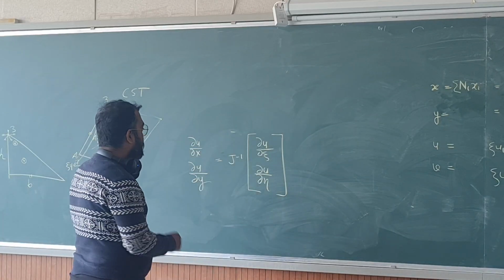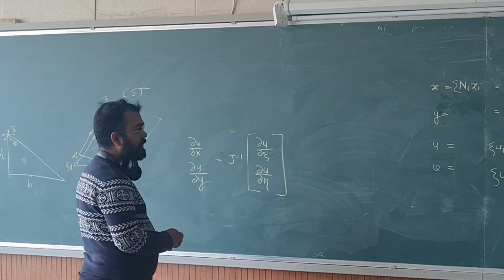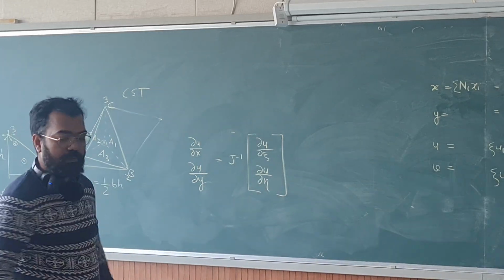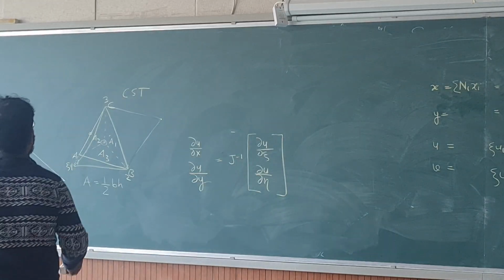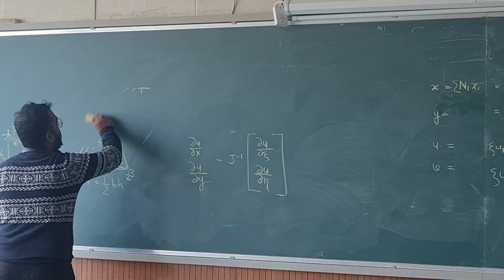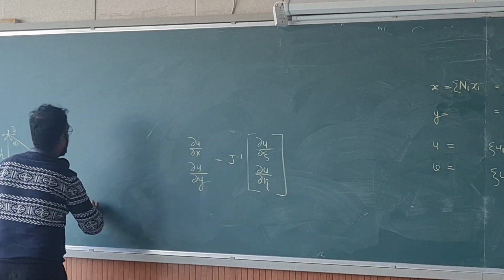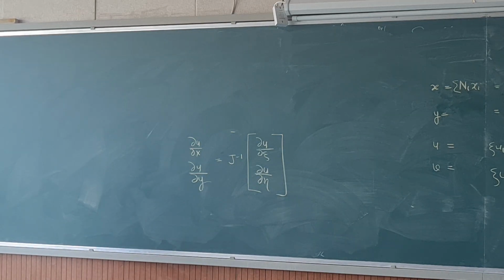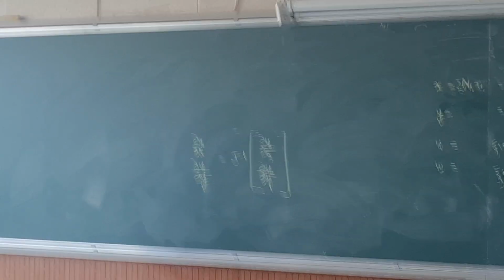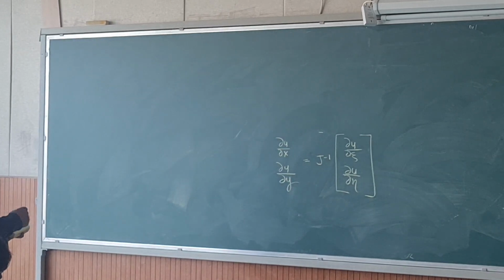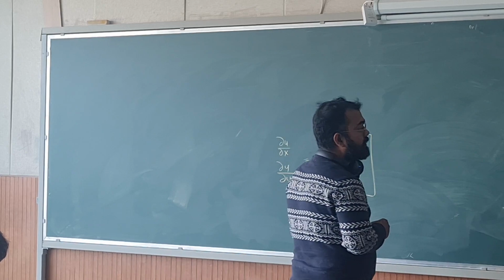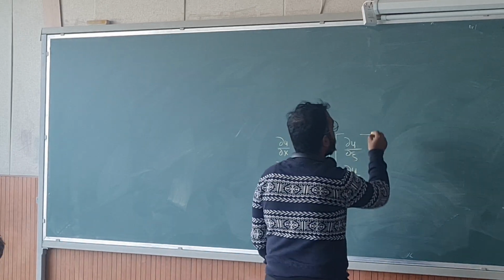So in order to do that, I need to find out the Jacobian first, right? So the Jacobian is that. I need to find del x by del epsilon and all these things.